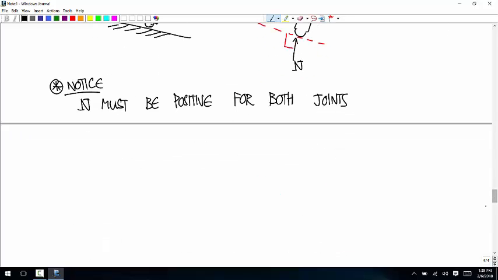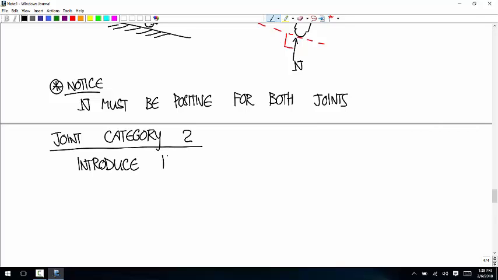Okay, now the second, joint category 2. These introduce two variables into Newton's laws.